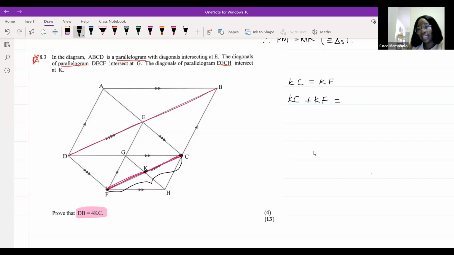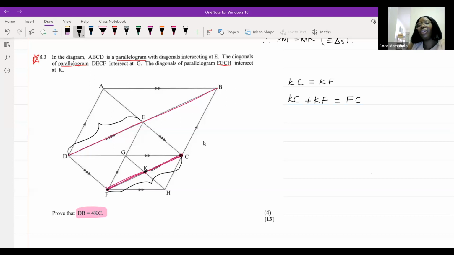It's called FC. But FC also has another name. Which other side is also equal to FC? DE. Good. Not GH. DE. Right. Look at it. From here to there is also equal to there to there. It's the same thing.